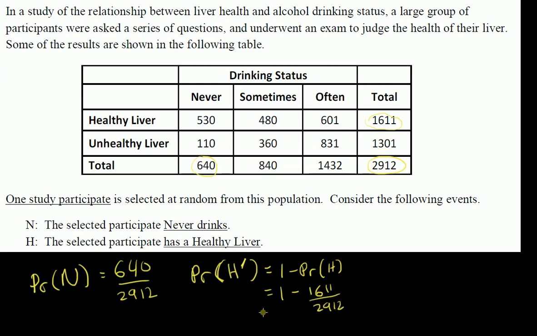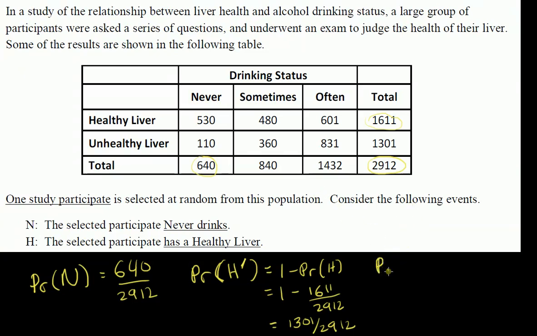And actually, because there's only one other group, unhealthy liver, this should come out to be 1301 divided by 2912.